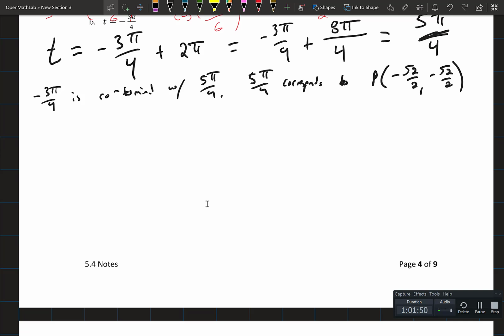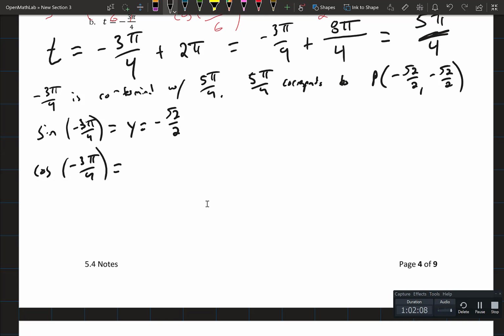So then, sine of negative 3 pi over 4 is going to be equal to the y coordinate, which is negative radical 2 over 2. Cosine of negative 3 pi over 4 is equal to the x coordinate, which is negative radical 2 over 2.